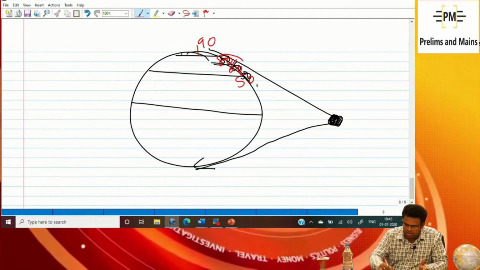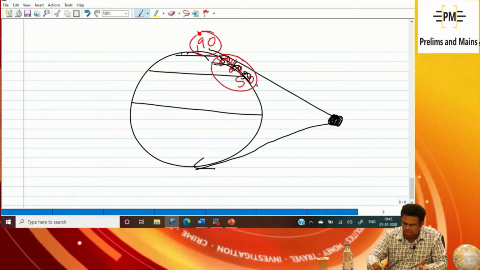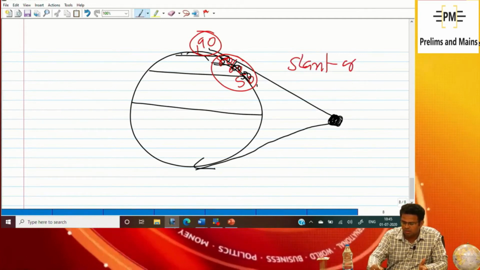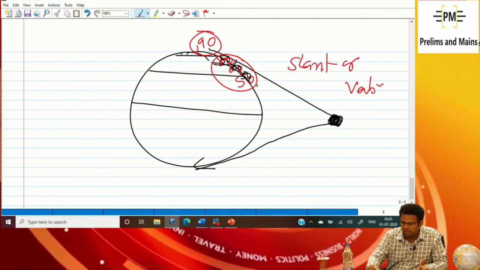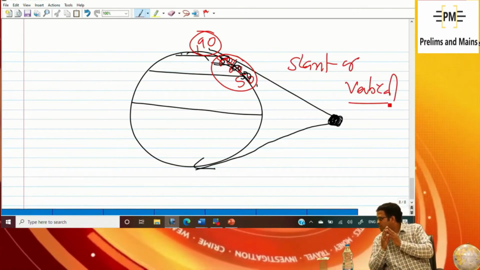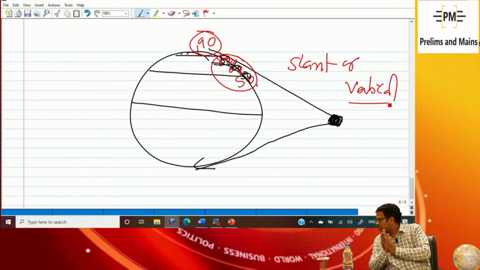So in the high latitude region and in the polar region, are these signals coming slant or vertical?